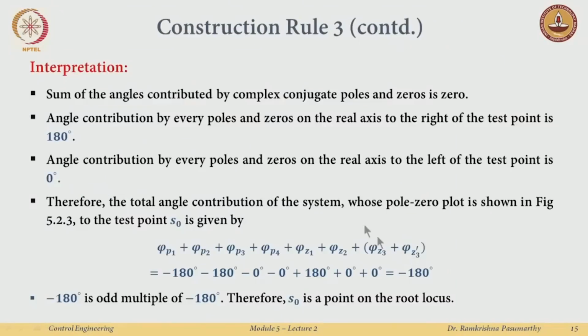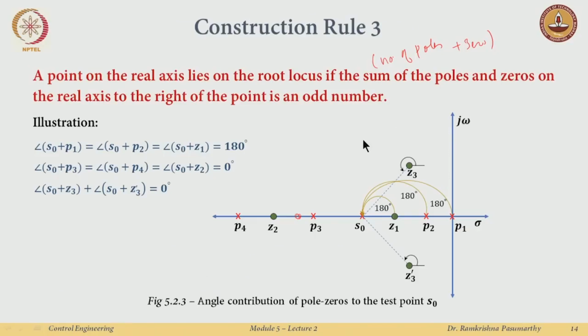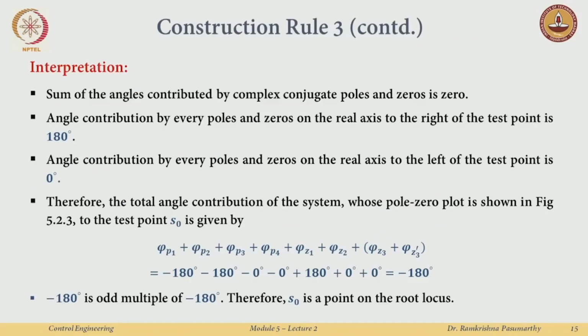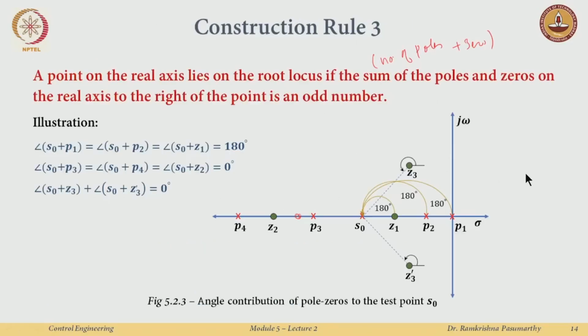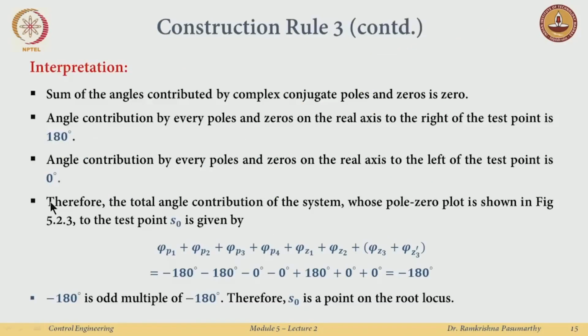The angle contribution by every pole and zero on the real axis to the right of the test point is 180 degrees, and to the left of the test point is always 0. These guys, P3, Z2, P4, do not contribute. And the complex conjugate guys here, the overall angle goes to 0.